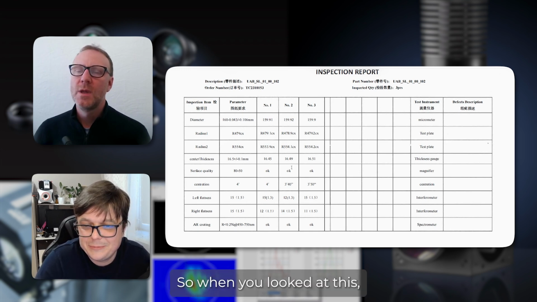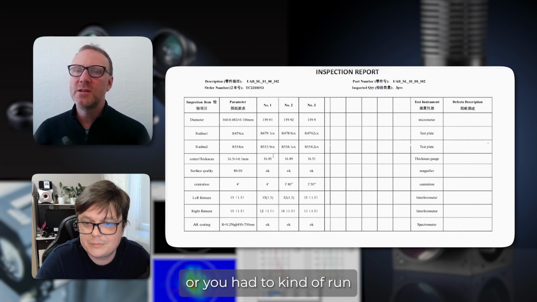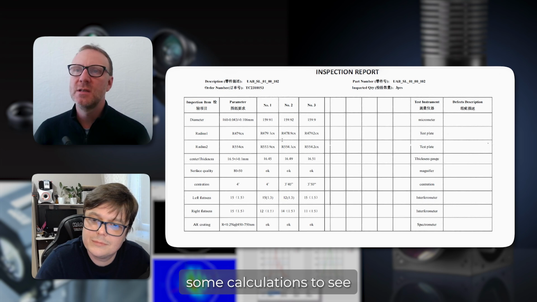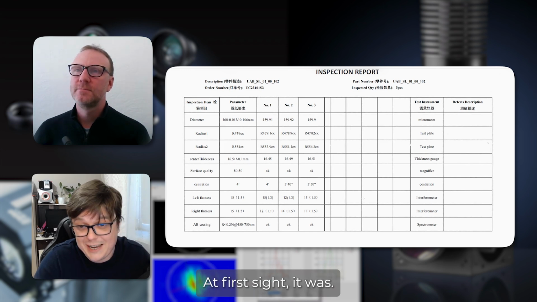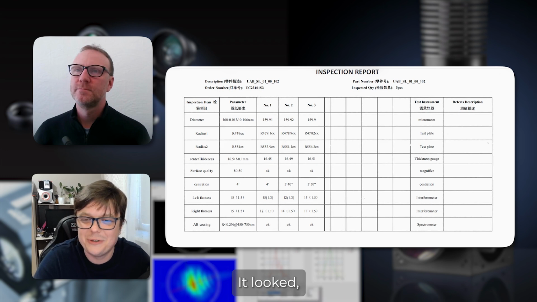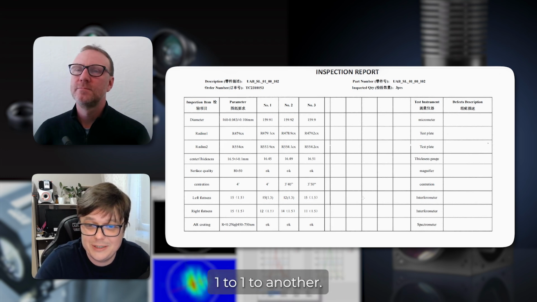Okay. So when you looked at this, was it immediately obvious, or did you have to run some calculations to see what this radius error was? Did it immediately look to you like something was fishy, or was it only clear after you made some calculations? At first sight, it looked not very suitable one to another.